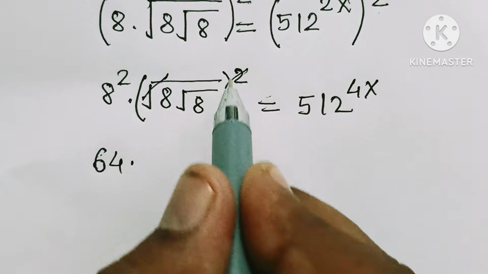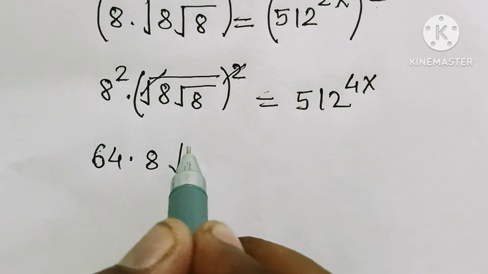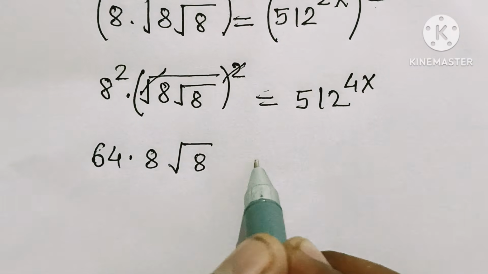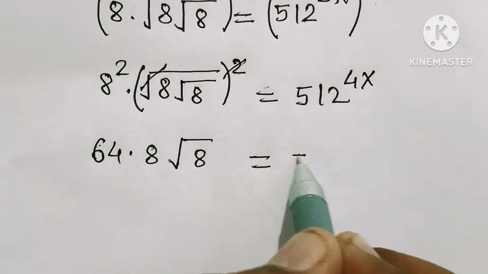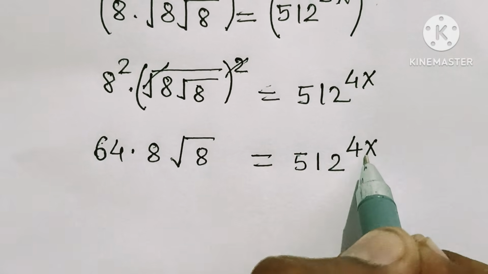The square root will be removed, so 8 under root 8 equal to 512 raised to power 4x.